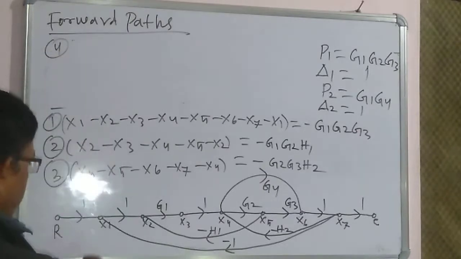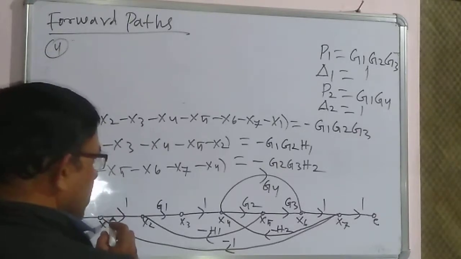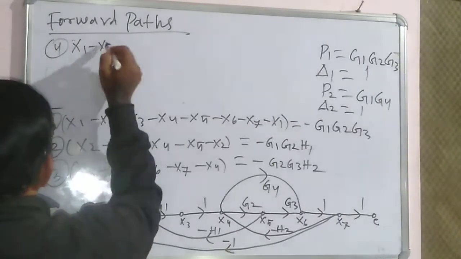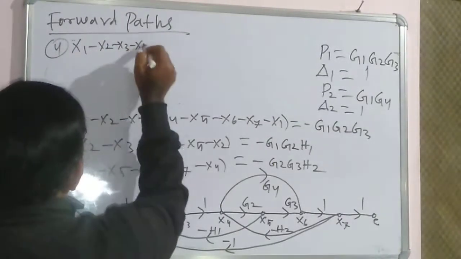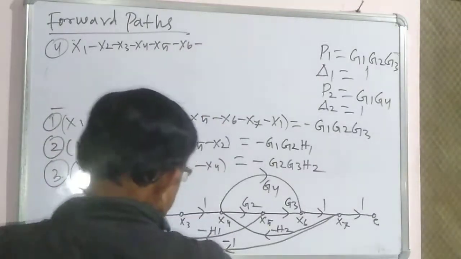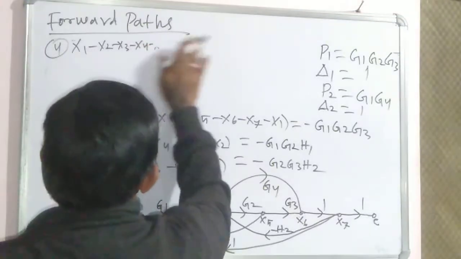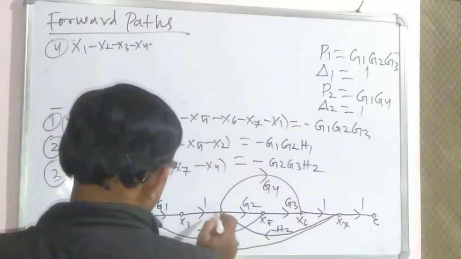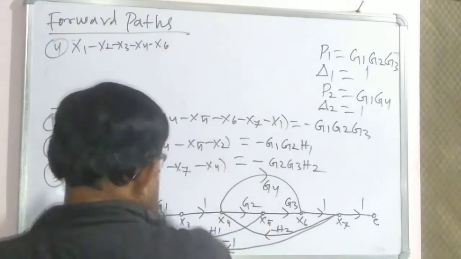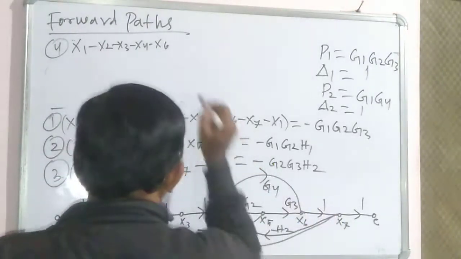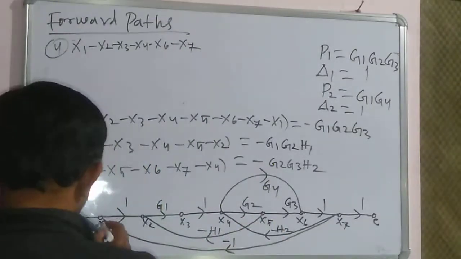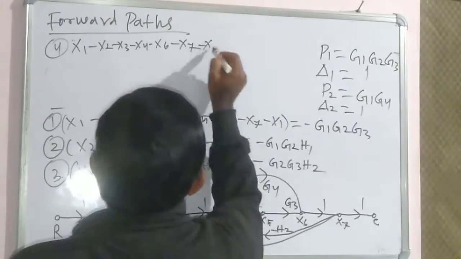Loop number 4: x1, x2, x3, x4, then x6, x7, and again we come to x1.